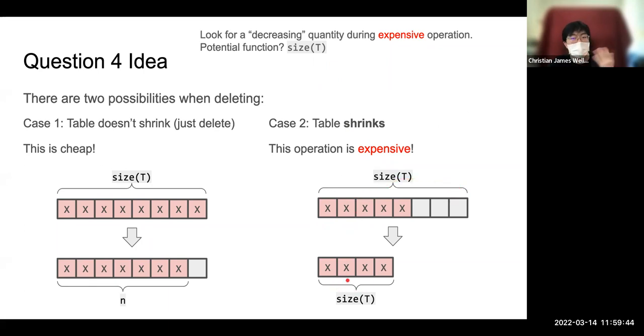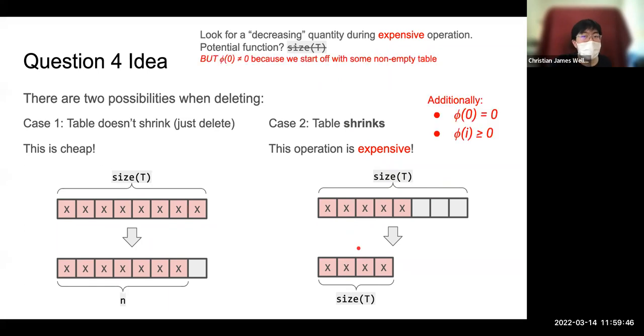Sure, this is a potential function that's decreasing, but take note that we want phi of 0 to be equal to 0. But we start off with a non-empty table, meaning a table that can hold 8 elements. So phi of 0 would be 8, something greater than 0, so it doesn't quite fit our condition where phi of 0 equals 0.